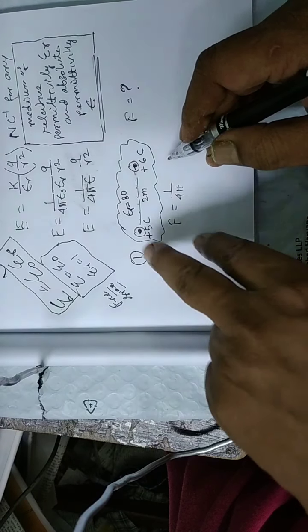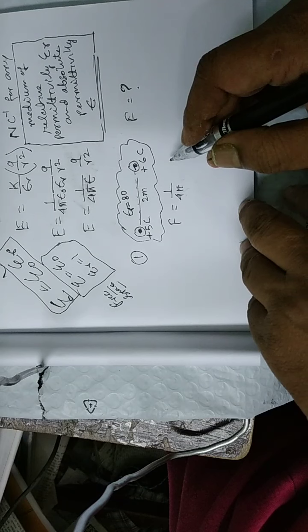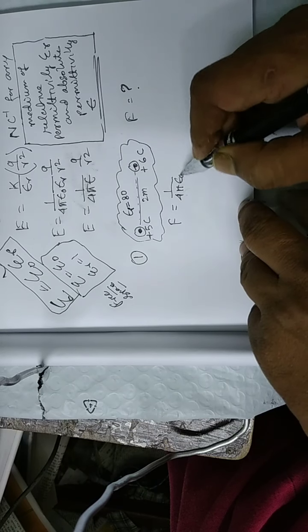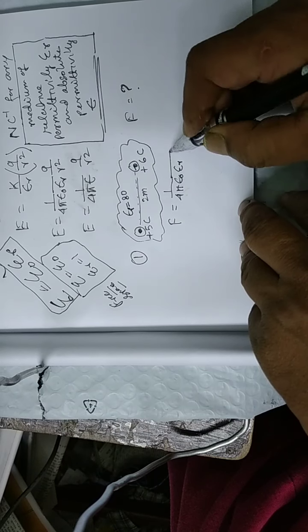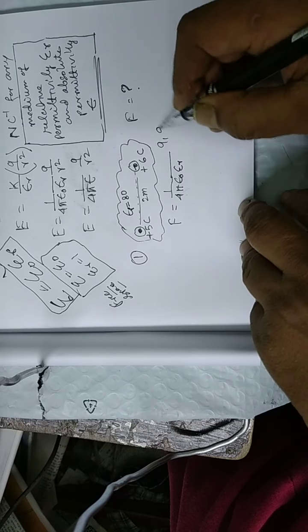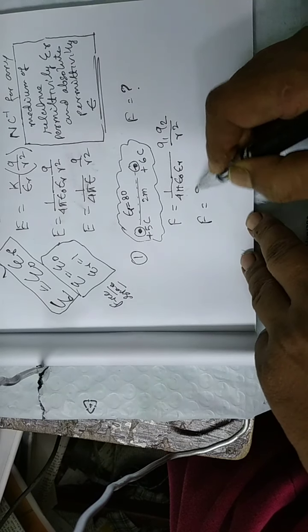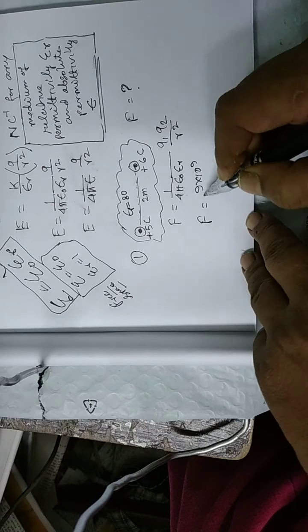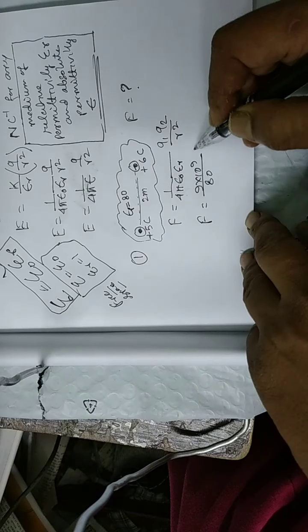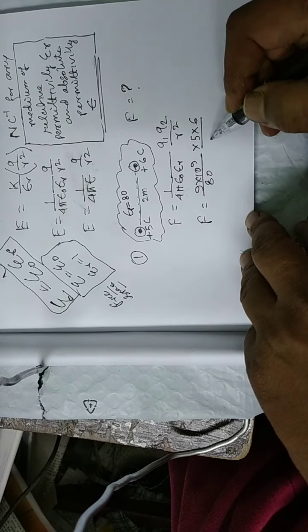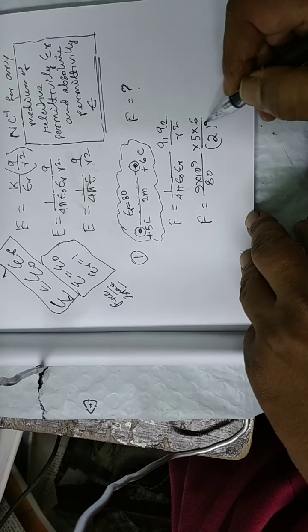Relative permittivity has no unit, so it is 80. 1 by 4 pi epsilon naught epsilon r q1 q2 by r square. So F equal to 9 into 10 to the power 9 by 80 into 5 into 6 by 2 square.